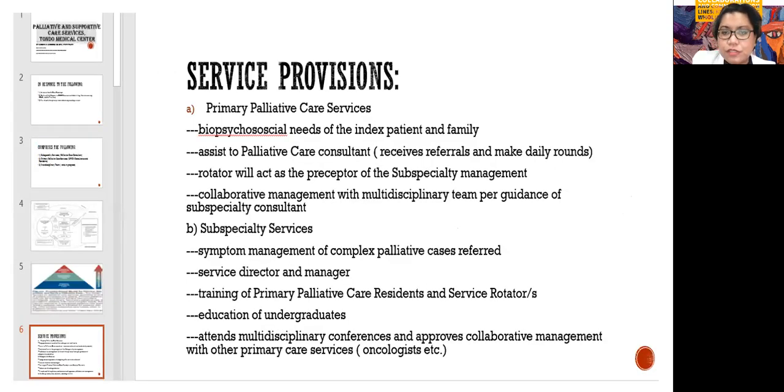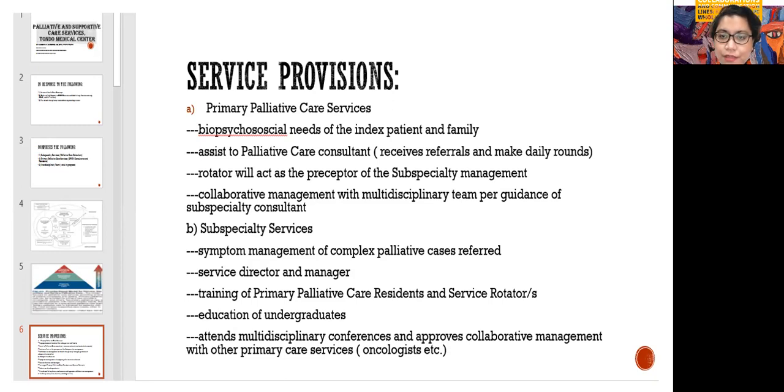The service provisions in the medical center are of two kinds. The primary palliative care services, wherein the biopsychosocial needs of the index patient and the family are being addressed by the family medicine department, with their assistance to the palliative care consultant.